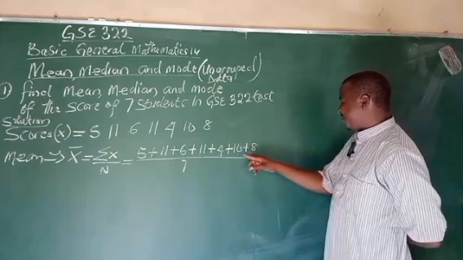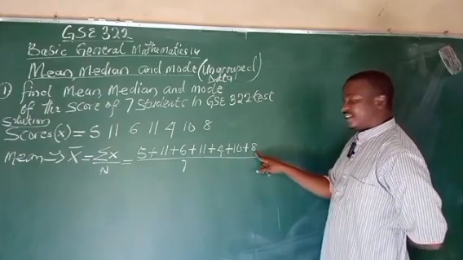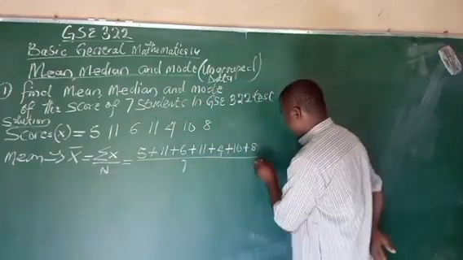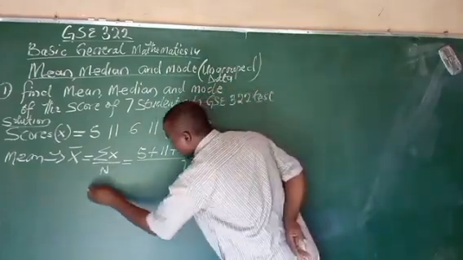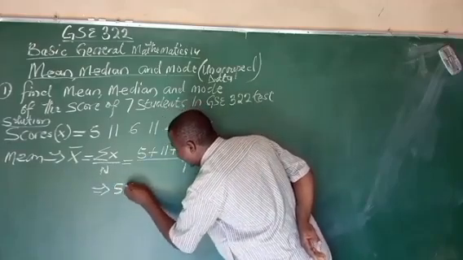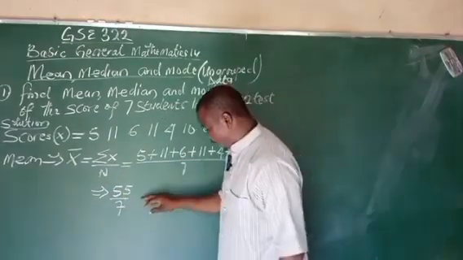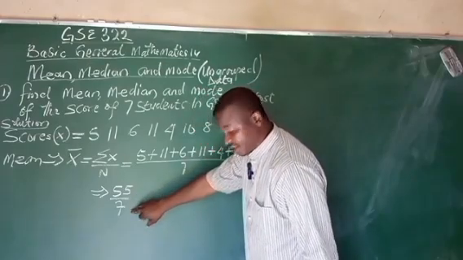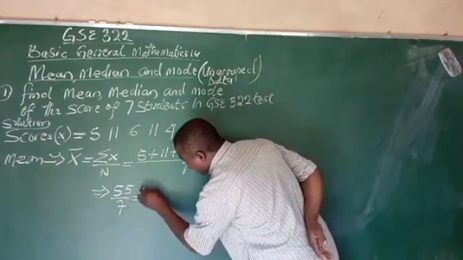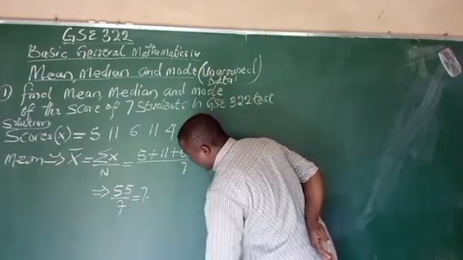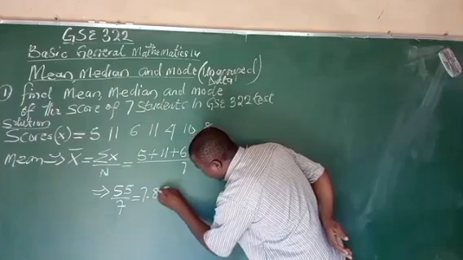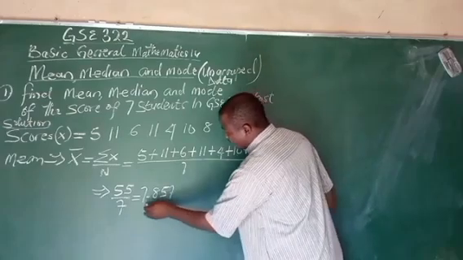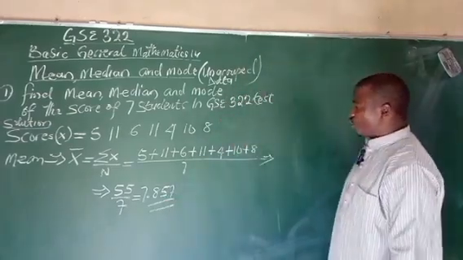Then 47 plus 8 is 55. Therefore, we have 55 over 7, which is going to give us 7.857. So this is our mean score.